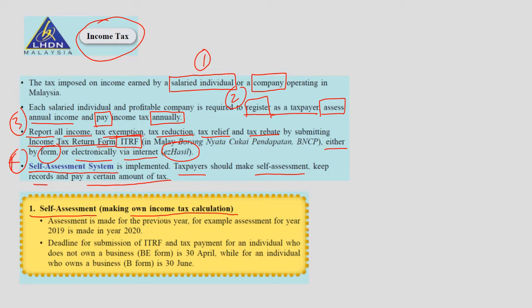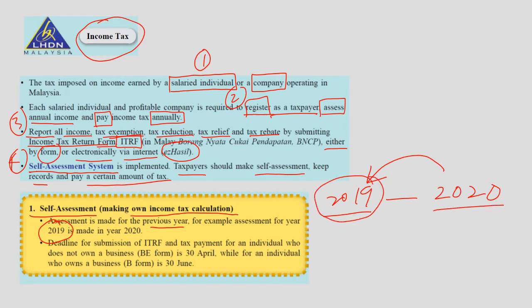Assessment is made from the previous year. For example, for year 2019, it will be assessed in year 2020, but with the income of 2019. It will only be assessed after you get all your pay in 2019.